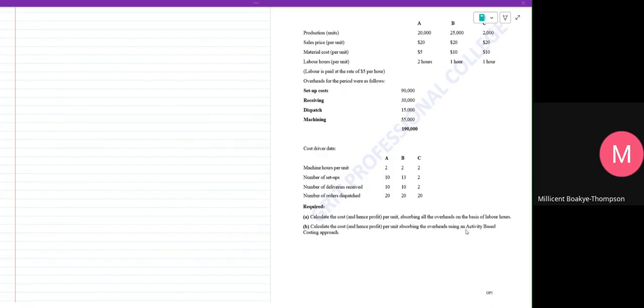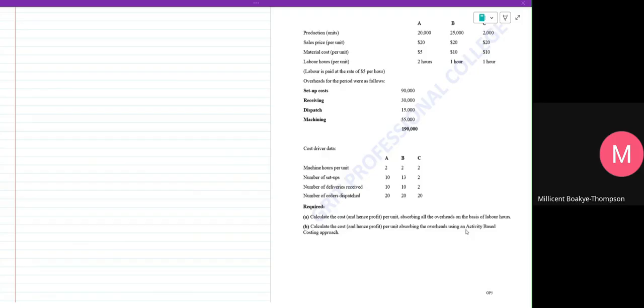The cost driver data for A, B, and C: machine hours per unit, A is 2, B is 2, and C is 2. Number of setups: A is 10, B is 13, and C is 2.